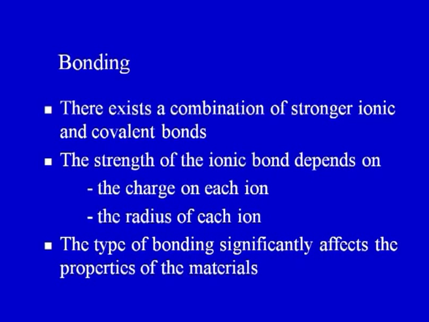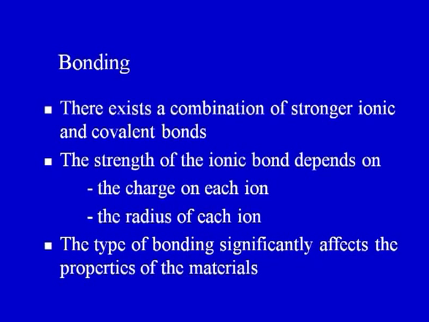Metallic bonding is weaker than ionic and covalent bonding. Ceramics have ionic and covalent bonding, and therefore they are brittle in nature and cannot be plastically deformed. There exists a combination of strong ionic and covalent bonds in ceramics, which has already been highlighted, and it has been related to the processing aspects also.